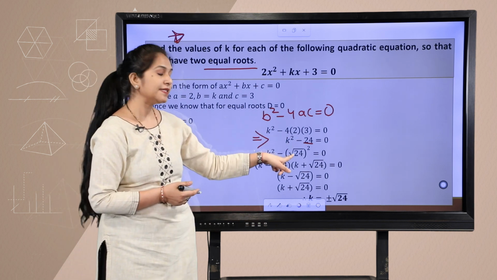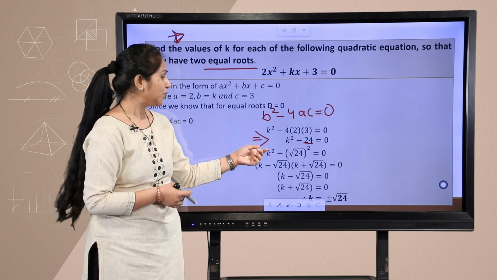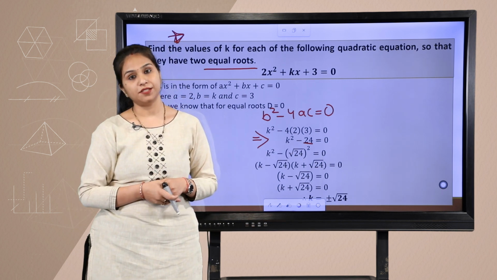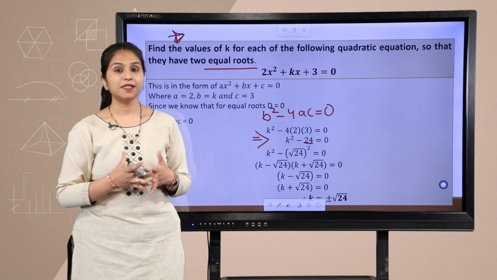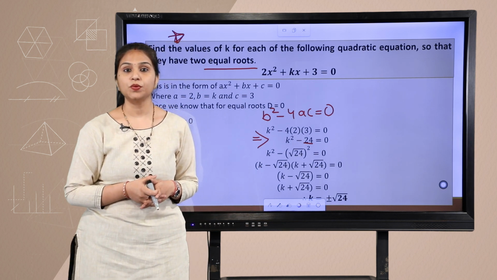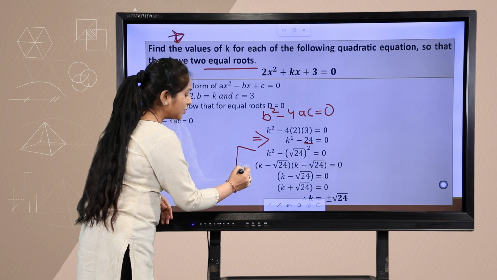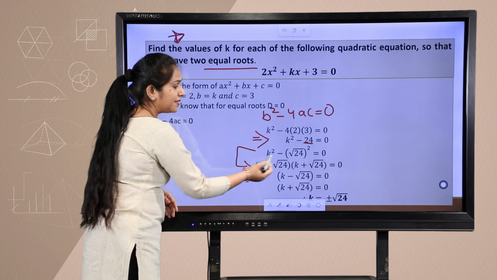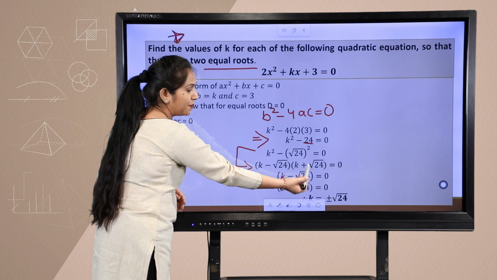So when you write this as square of root 24, children, after that you can apply the third identity here, that is a square minus b square. And what is a square minus b square? A square minus b square is equal to a plus b, a minus b. So now apply the identity over here and split this with the identity a minus b, a plus b.